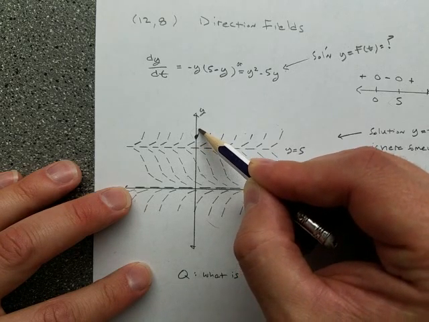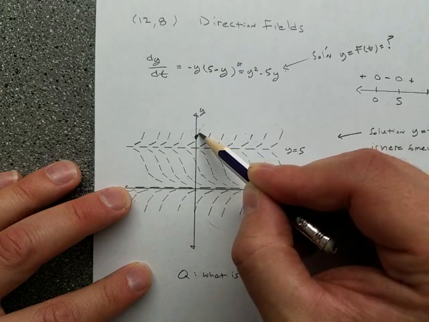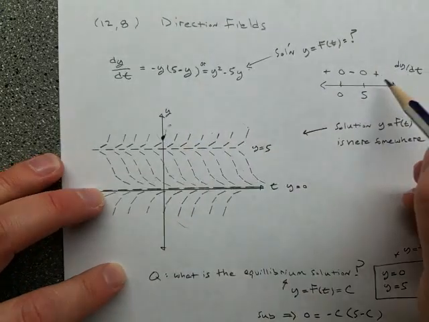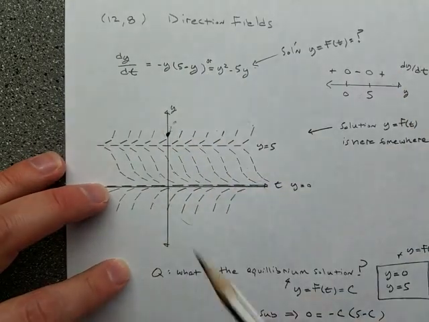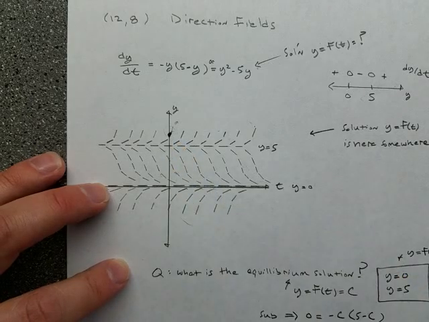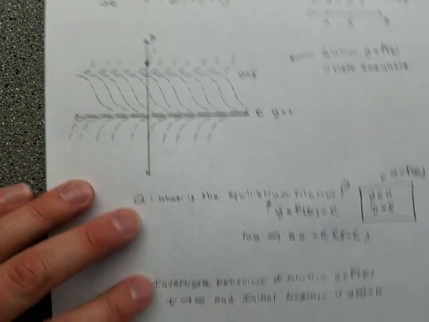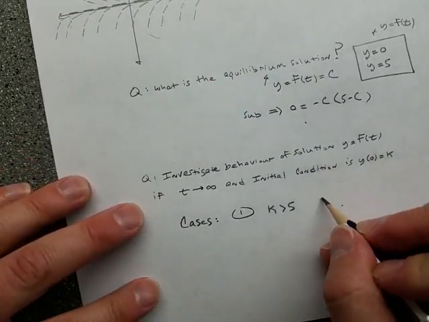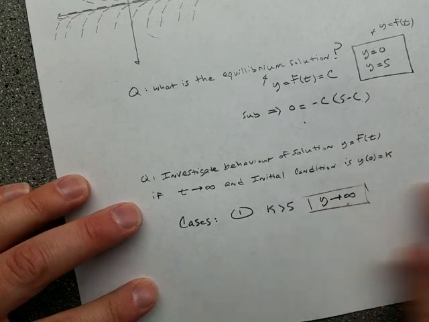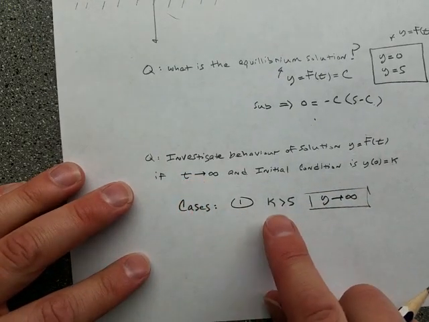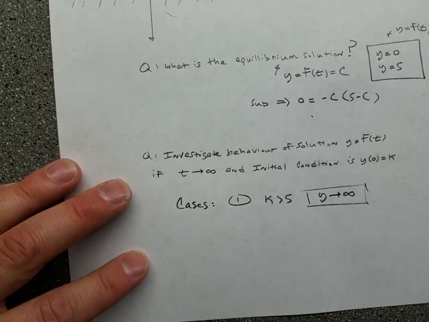As I travel along that curve, I go over and up by that slope. I'm at some new point, and the slope is still positive. I have no way to get off of that curve that's rising. So it'd have to be that y goes to infinity as you send t to infinity, based on the curve having that initial condition.